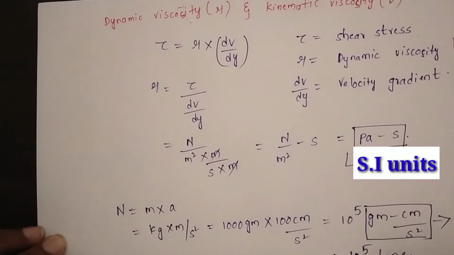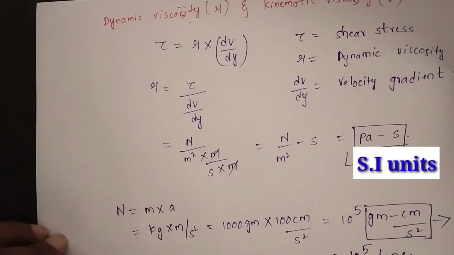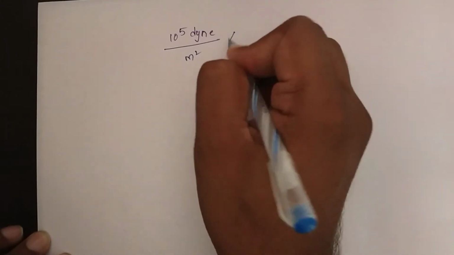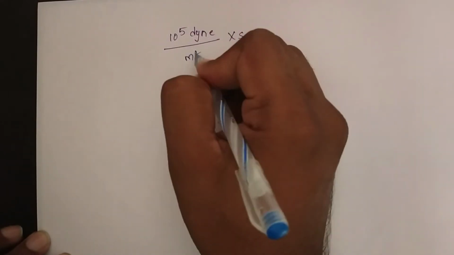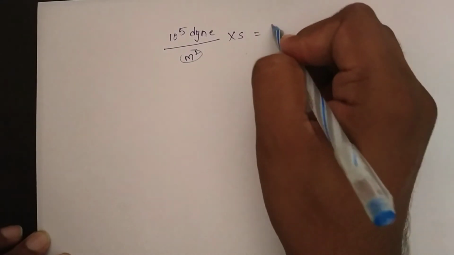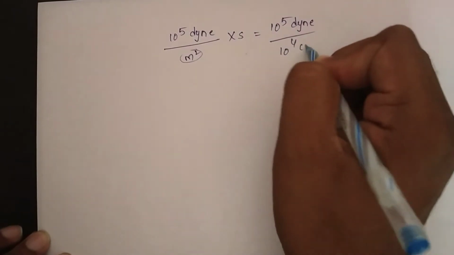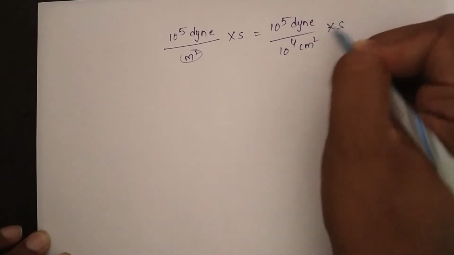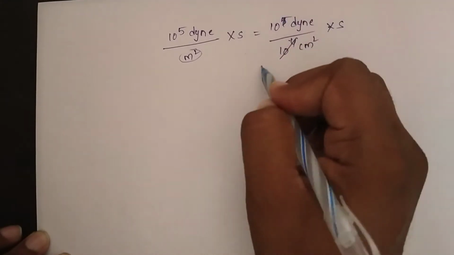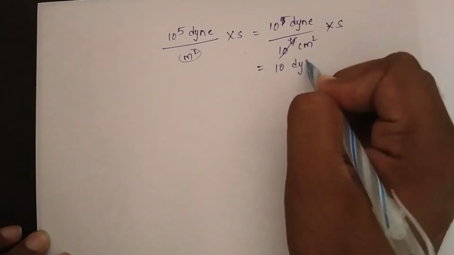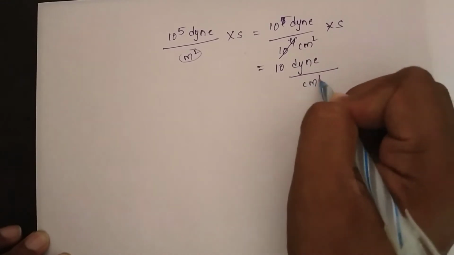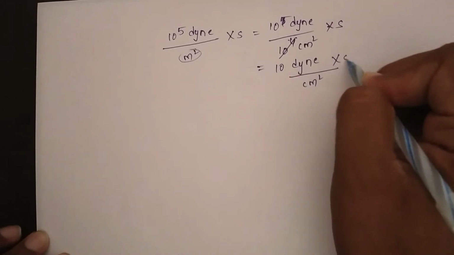Now we will substitute this in the previous Newton second per meter square. We will get 10 to the power of 5 dyne second per meter square. Now we will convert meter square into centimeter square. We will get 10 to the power of 4 centimeter square. If we cancel, we will get 10 dyne second per centimeter square.